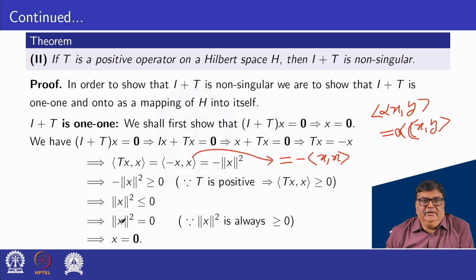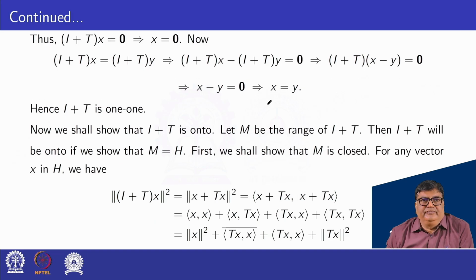This implies norm x squared equals 0, because norm is always non-negative. So only one possibility. Norm x squared is equal to 0, which implies that x is equal to 0. Thus (I plus T)x equal to 0 implies that x is equal to 0.